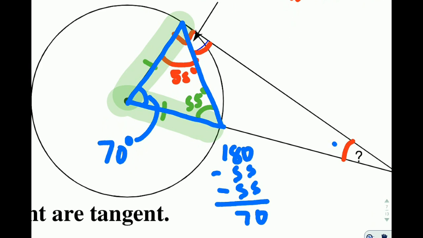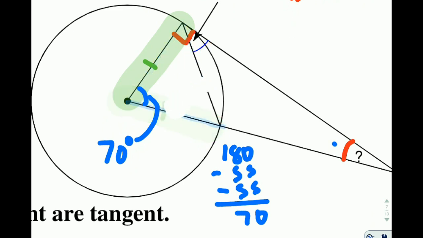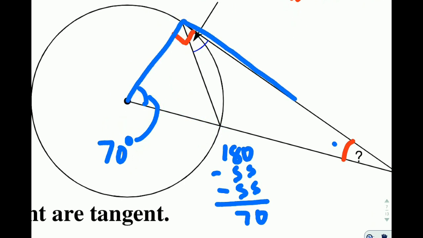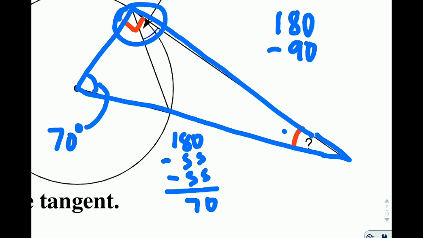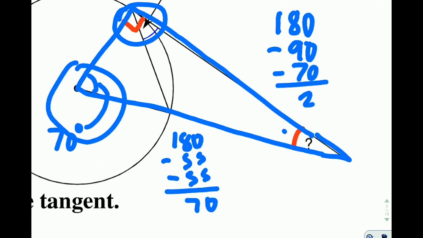So if I were to clean up my picture for a moment and get rid of all of this stuff that doesn't seem to help me much, clean all of this off. If I have a 70-degree angle here and a 90-degree angle here, and I have this big triangle, and they all add up to 180, I can take my 180 minus my 90 degree minus my 70 degree, and I'm going to have only 20 degrees left, which is going to go down here.